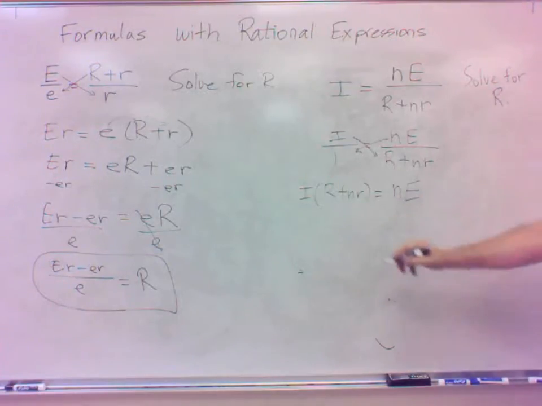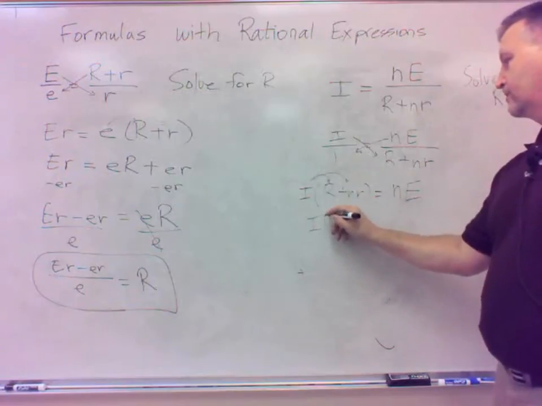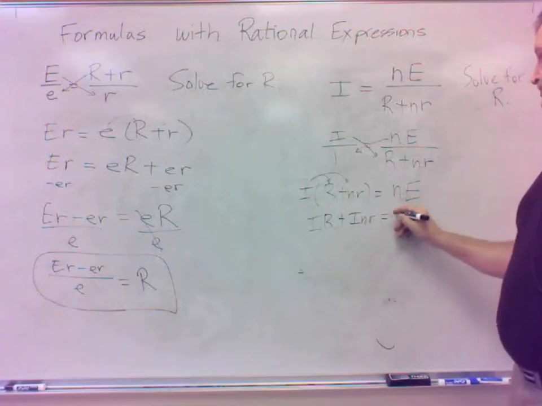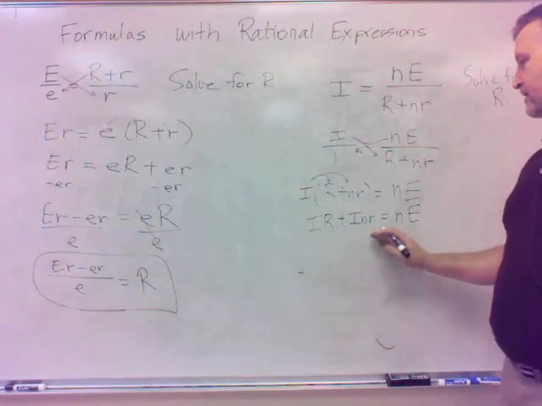Again, distribute the I here. IR plus I N little r equals NE. Trying to solve for the R, so move the I N R term, subtract it.